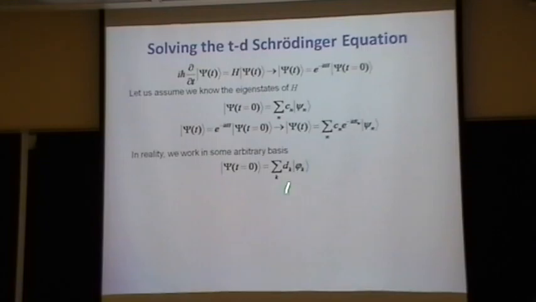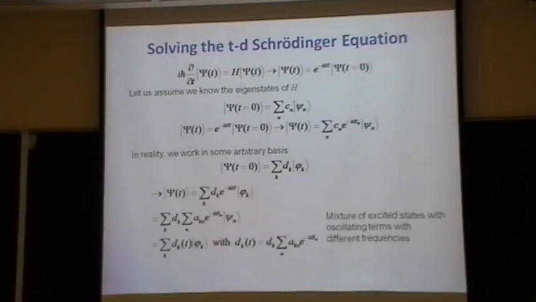So imagine that we have a basis phi now, instead of psi, and we evolve in time this state. You can go through the steps, but basically, we're going to get a linear combination of the basis states, which are multiplied by coefficients that have contributions from all the energy modes. So these coefficients are going to be highly fluctuating, and they're going to have rapidly oscillating phases. So that's a problem we have to deal with.